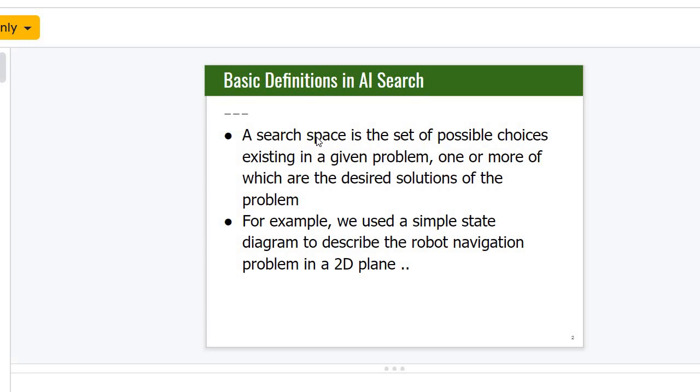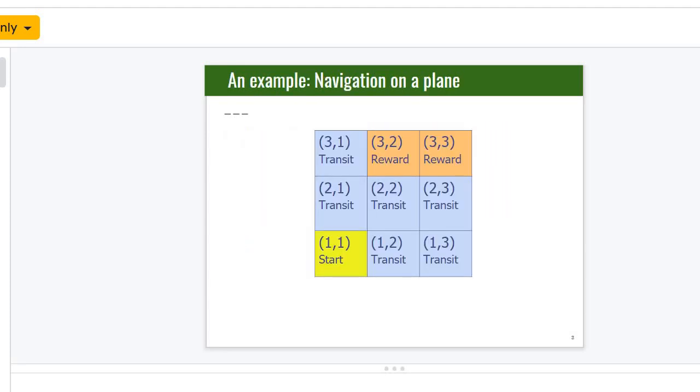For the particular problem. In the next diagram, it is telling you about robot navigation in a 2D plane. If you can recall the curse of dimensionality and the 2D example that we discussed, where there are only two axes, the x-axis and the y-axis. From here you could see that this is the initial state.